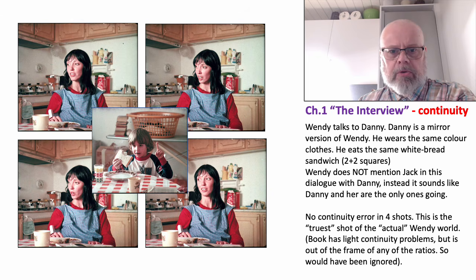Okay, so no continuity errors in these 4 shots. This is the truest shot of the actual Wendy world. The book has slight continuity problems, but it is out of the frame of any of the ratios, so it would have been ignored. Because of this complete full frame, you can see the way the book lies on the table.